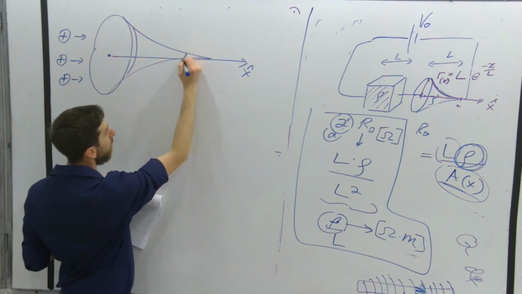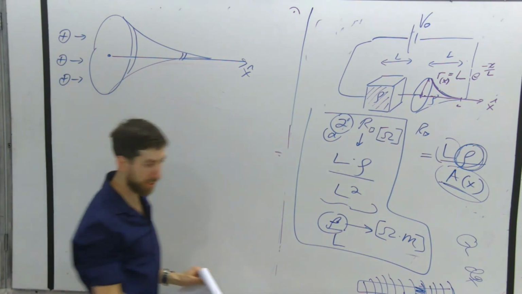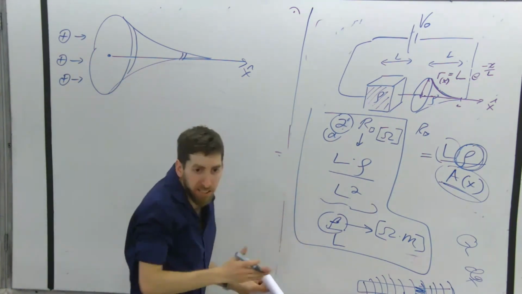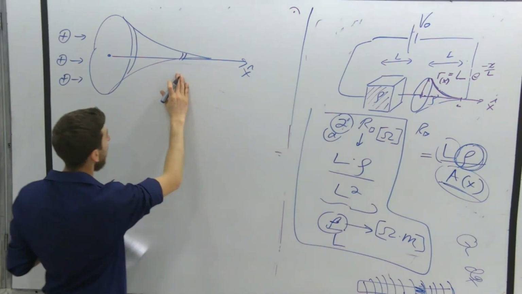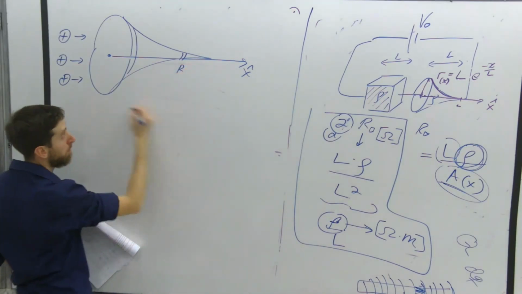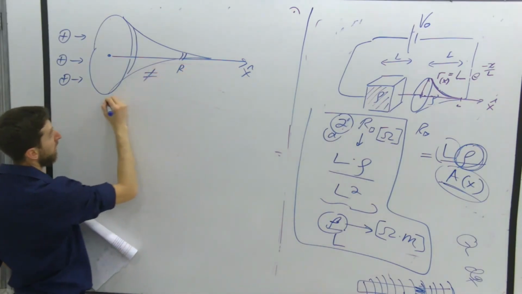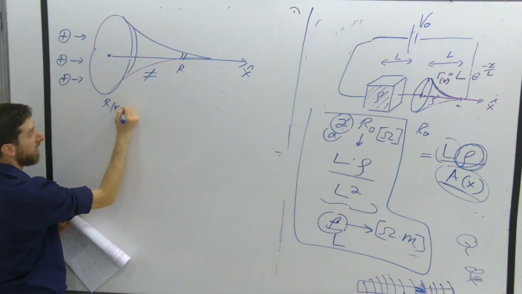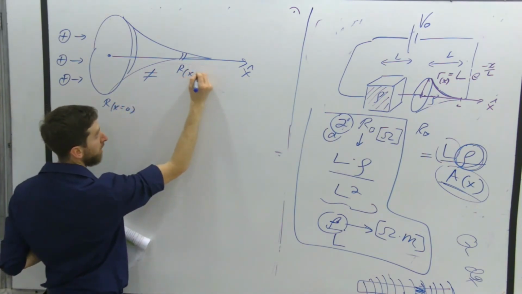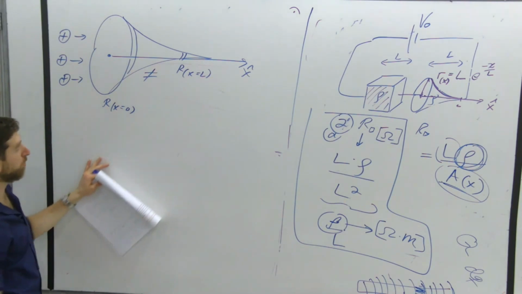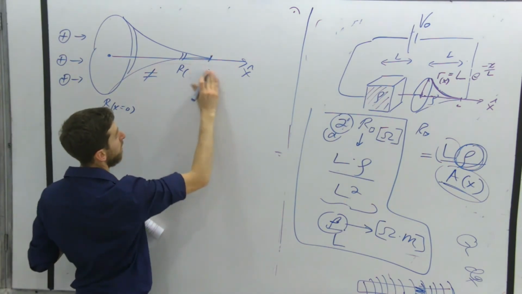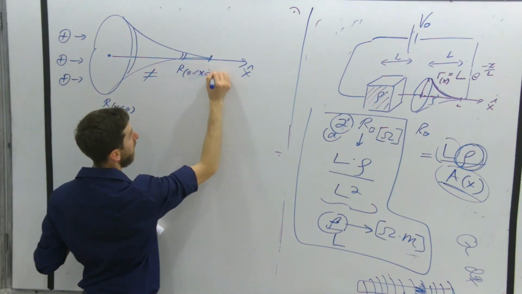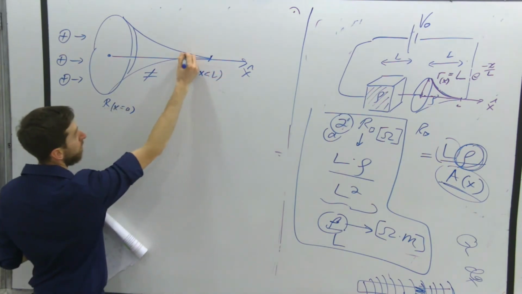But as they go along here, they say, oh my God, this road has limited passes. So this resistance maybe is different than the one at the beginning, right? x equals 0 here, and x equal to L here. x between 0 and L.